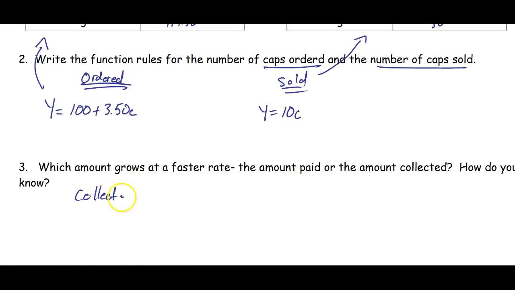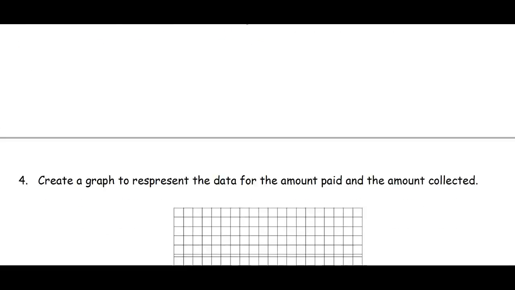Because the amount collected has a larger slope. We can determine this by the 10 and the 350. Which number is higher in front of that variable? The 10, so that's a larger slope.